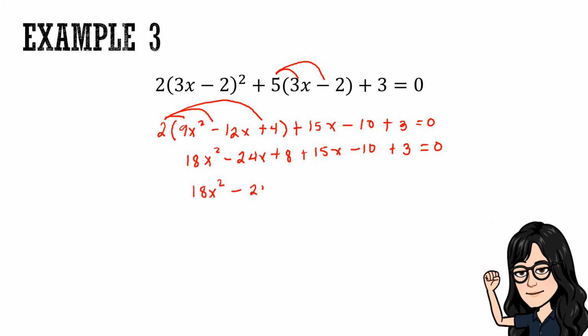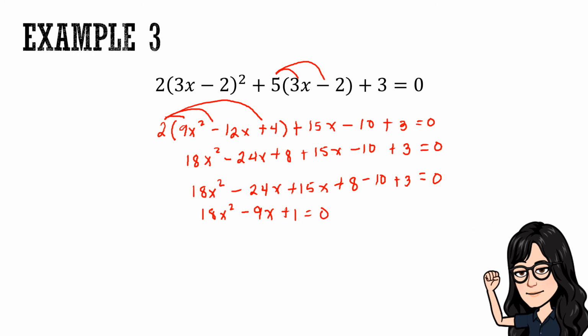Negative 24x is similar to positive 15x. Positive 8 is similar to negative 10 and positive 3. Then equate it to 0. Simplify. Copy 18x squared. Negative 24x plus 15x is equal to negative 9x. Positive 8 minus 10 is equal to negative 2, plus 3 is positive 1, equal to 0.